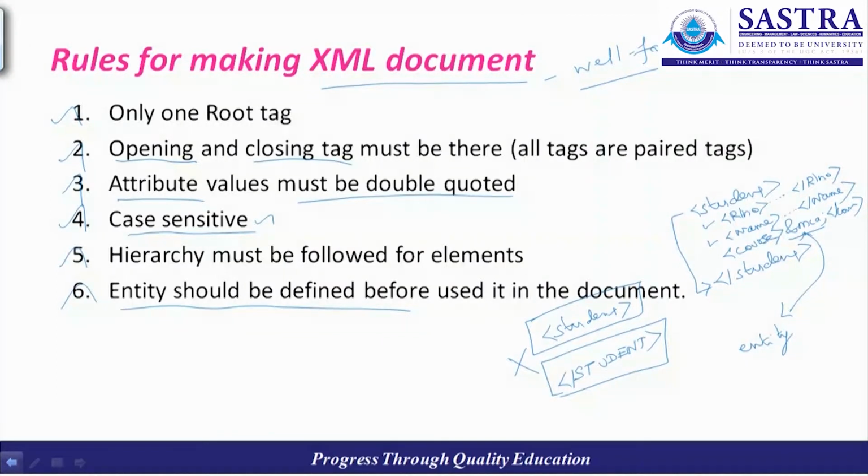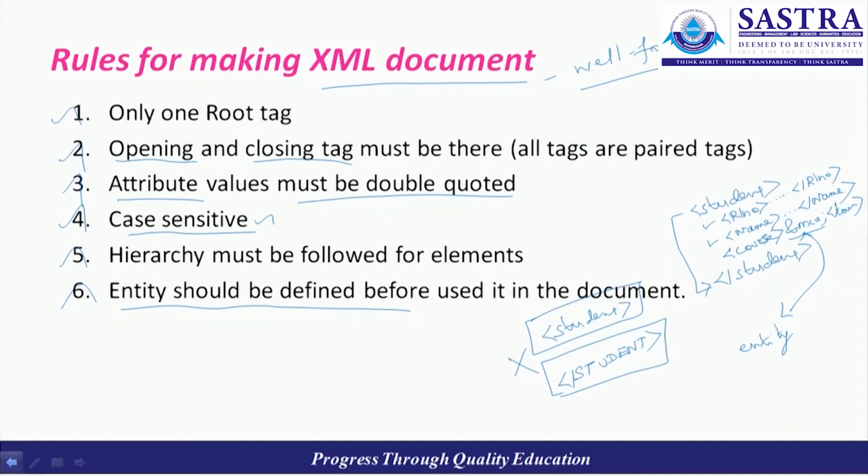So, the parser, also called the XML processor, will check whether the document has a root tag, all the child elements are closed properly, any attribute and its values are double quoted, the elements properly follow case sensitivity, nesting is proper, and any entity reference is written.